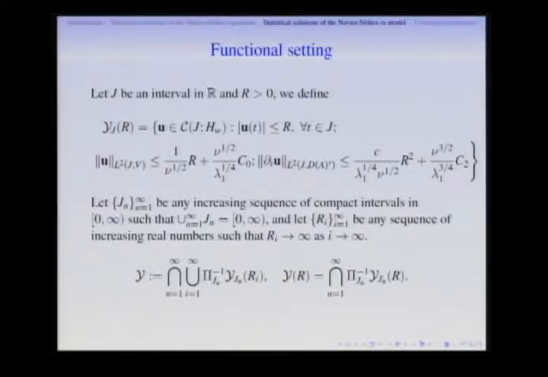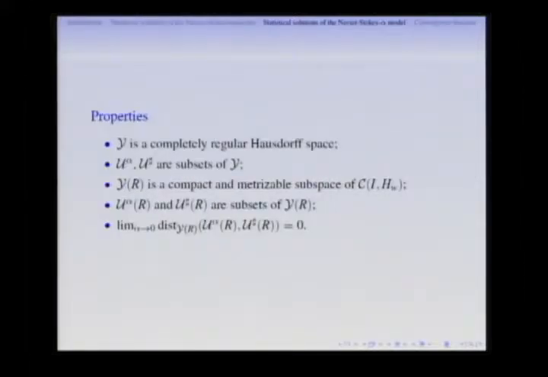So don't worry about this. We just have to keep in mind that epsilon is the ambient space, and this space here, epsilon of R, is a bounded space which is compact. So I summarized here. And another important property is that epsilon is a completely regular Hausdorff space.